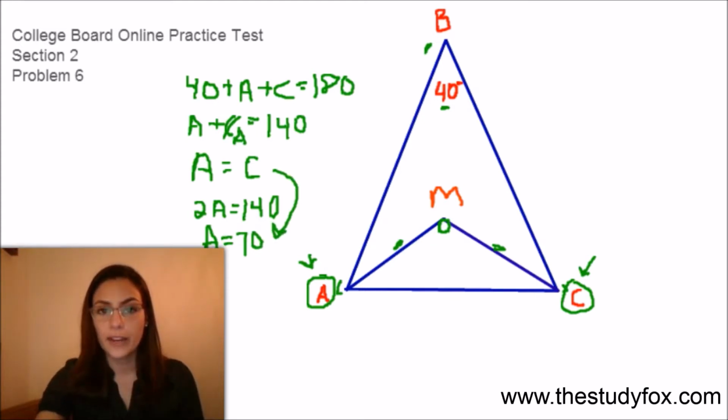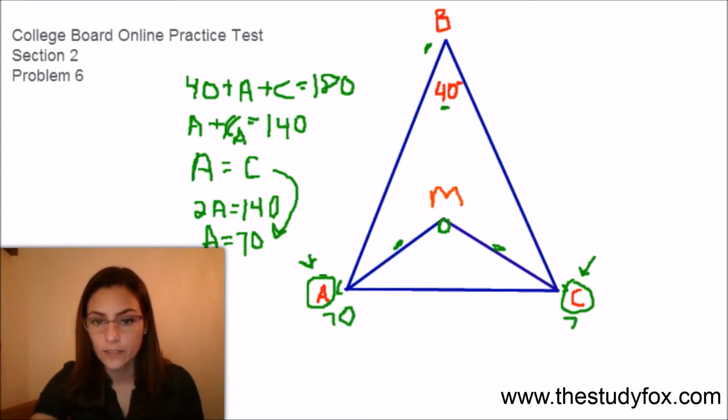Great. Now I have angle A equal to 70 and angle C equal to 70, but we're still trying to get to angle M. And remember that 70 is this entire angle.